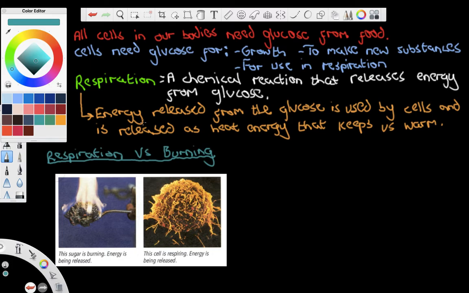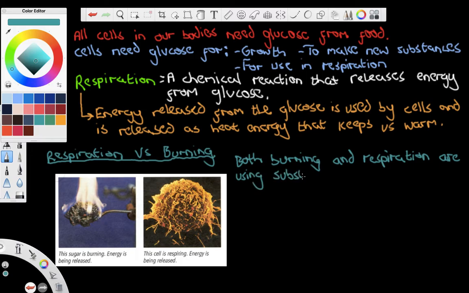So we can say both burning and respiration are using substances from the air to release energy from glucose.